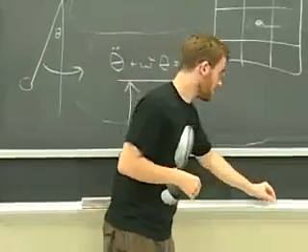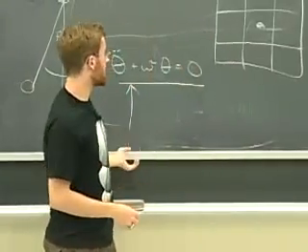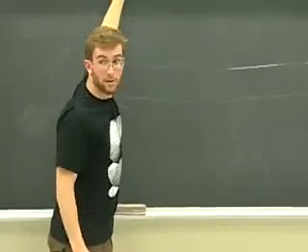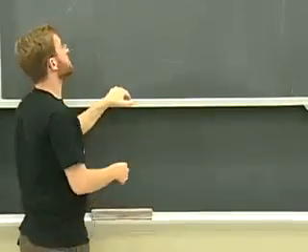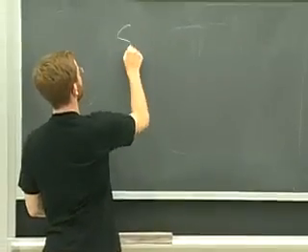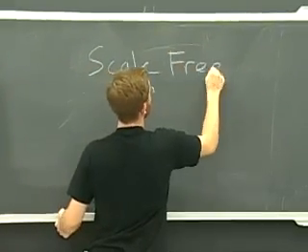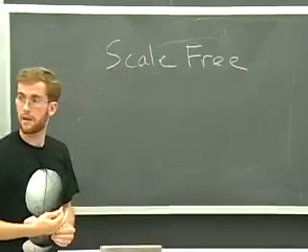But what a mathematician or physicist might actually tell you is that my equations for describing the phenomenon are scale-free. And there's this idea of being scale-free, and we do this all the time in fluid dynamics.